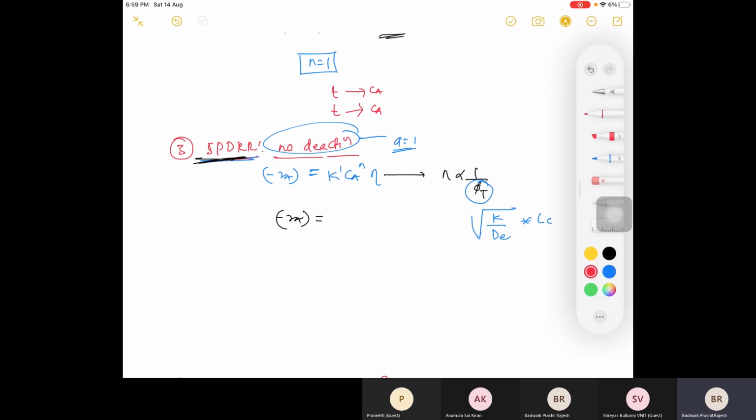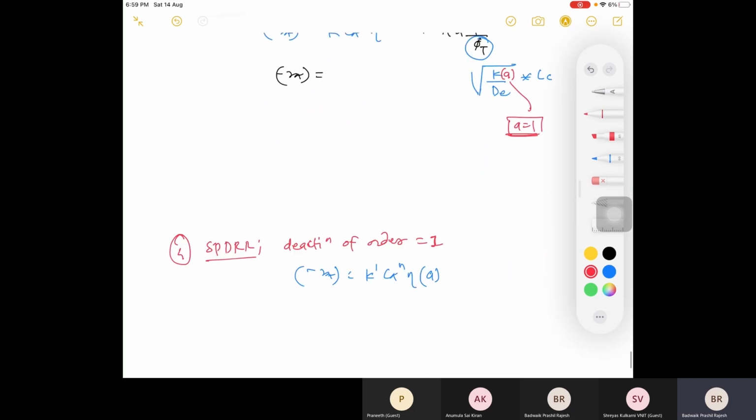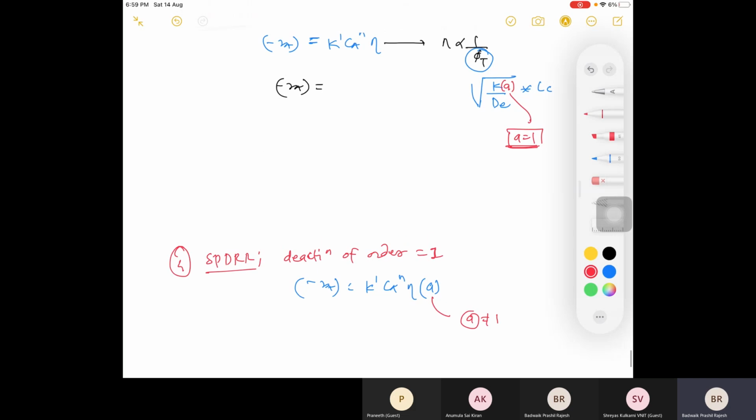But should I multiply this K by A? I should multiply, but A is equal to 1. That's why I'm not worrying in this case. Otherwise, if you draw the profile or you get the equation here, you need to multiply by A, and that is not equal to 1.